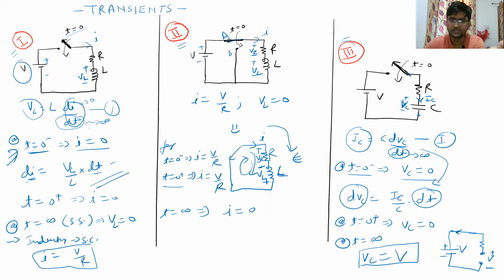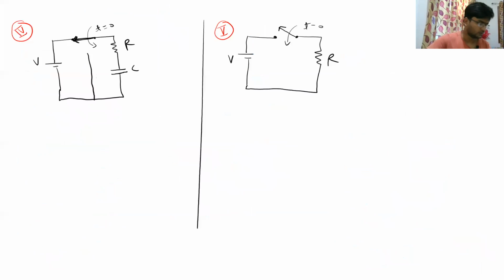In the steady state, if the inductor is applied across a DC source, it will behave as a short circuit, and the voltage across the inductor will be equal to 0. Similarly, in the steady state, the capacitor behaves as an open circuit, and the voltage across the capacitor is going to be equal to the source voltage, right?